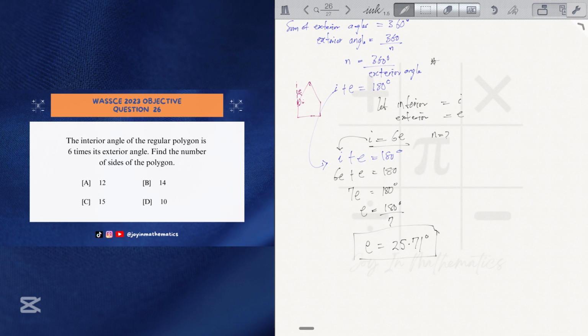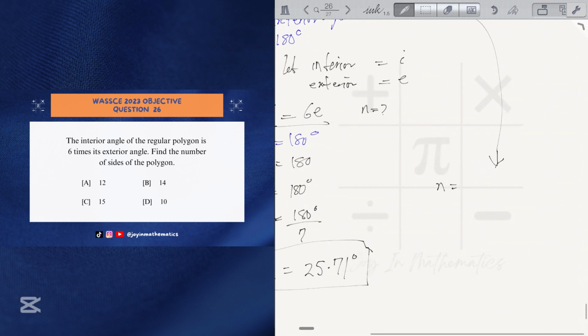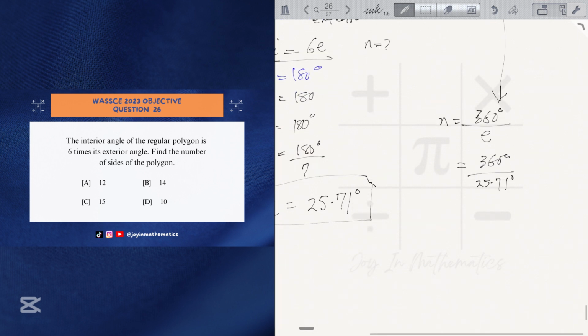Now we have the exterior angle to be 25.71 degrees. Then we can now apply the formula here. The number of sides n is equal to 360 degrees divided by the exterior angle. So this will give us 360 degrees divided by 25.71 degrees, and we'll have approximately 14 sides.